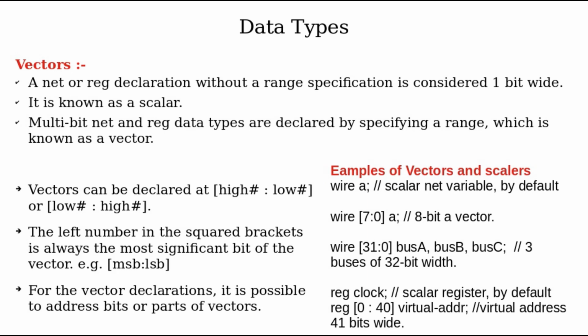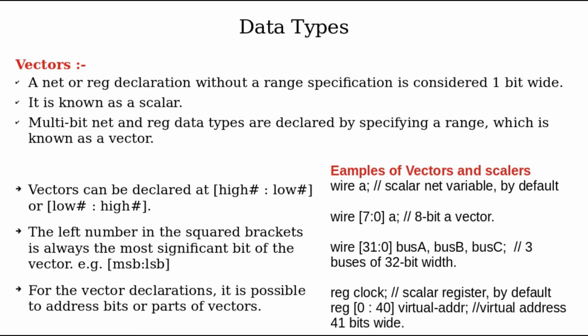The example shows various net and reg declarations. In this example, we can see that wire A is a net, which is a scalar and it is 1 bit. Similarly, wire [7:0] A is an 8-bit vector. Both are nets, one is a scalar and another is a vector.